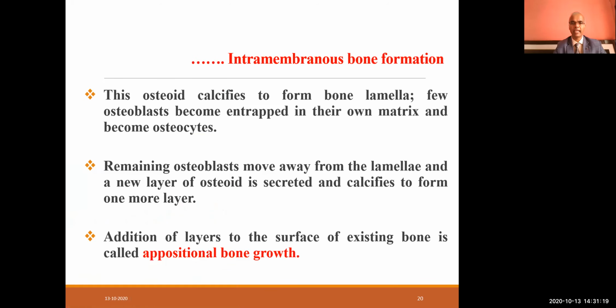So this osteoid calcifies to form bone lamellae, and some of the osteoblasts become entrapped in their own matrix and are called osteocytes. The remaining osteoblast cells move away from the lamellae, and a new layer of osteoid is secreted and calcified to form one more layer. So this addition of layers to the surface of existing bone is called appositional bone growth.